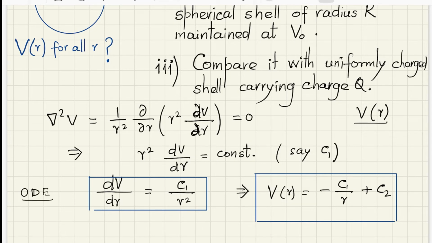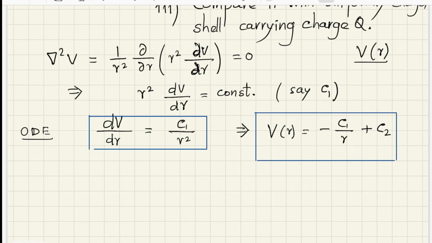That is why we have two constants to fit, and in this case the two boundary conditions can be, as you can imagine, V at r equal to R is V naught, and V at r equal to infinity, we can demand that it is 0.